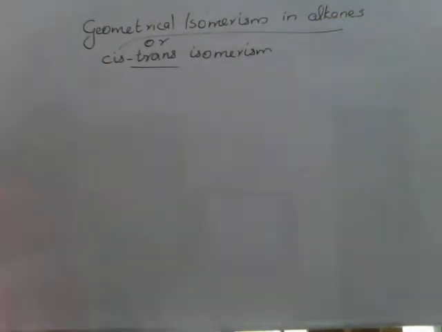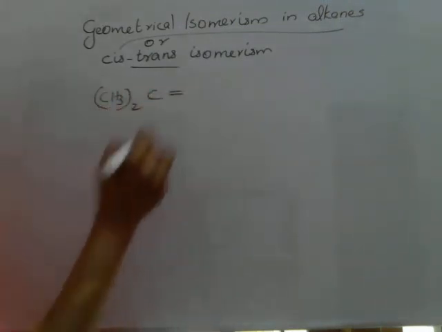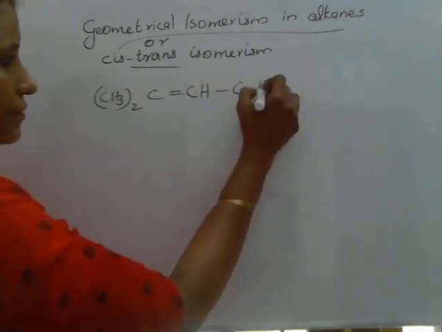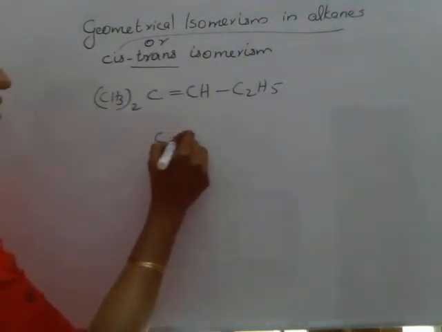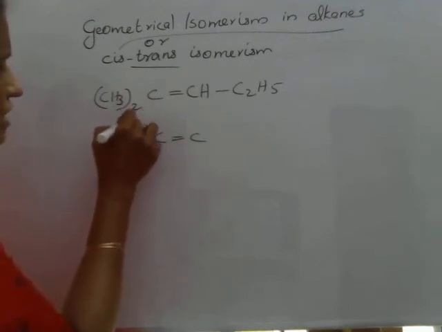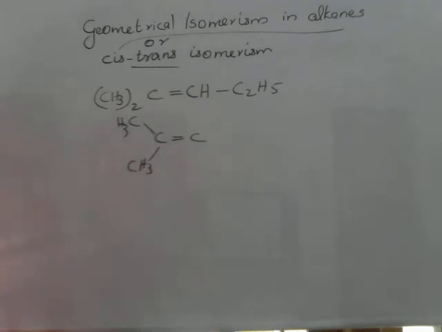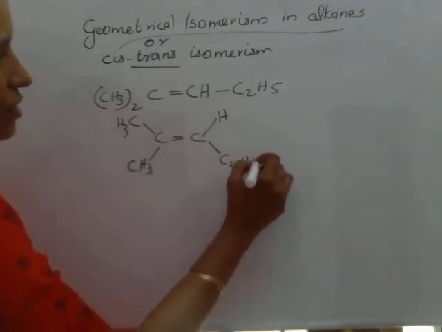This is problem question 13.11. (CH3)2C=CH-C2H5. See, these two are the doubly bonded carbon atoms. On the first doubly bonded carbon atom, two groups are identical: two CH3 groups are present on the same doubly bonded carbon atom. The second doubly bonded carbon atom has one hydrogen and one C2H5.